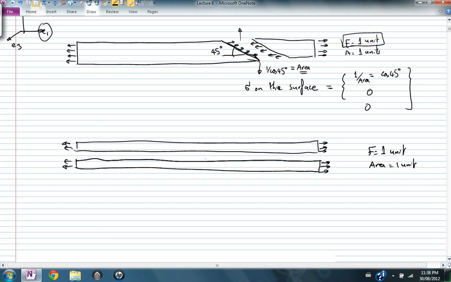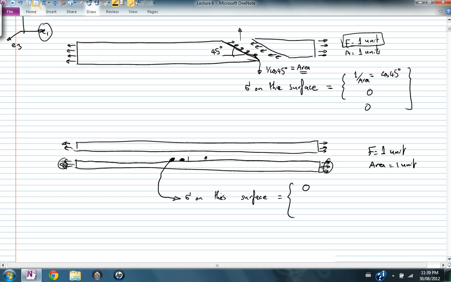So in fact, the forces here, the stress on this surface in the horizontal direction: there are actually no forces in the horizontal direction because this one counteracts the left, counteracts the right, so I've got 0.